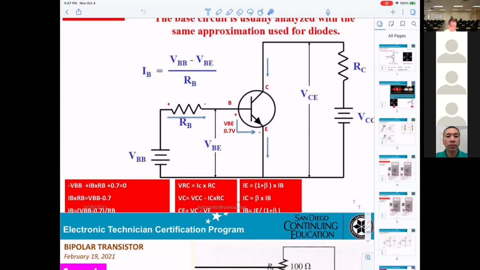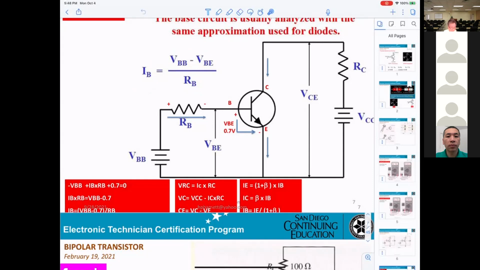And now you also understand one more thing. When they use capital letters, that means DC. Later on, lowercase letters will be for AC only.